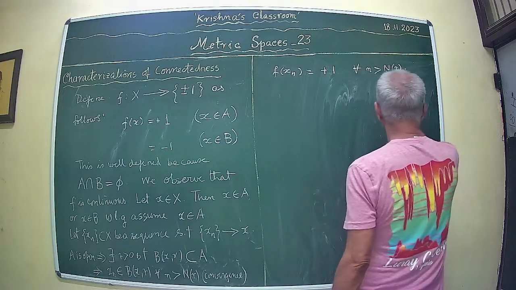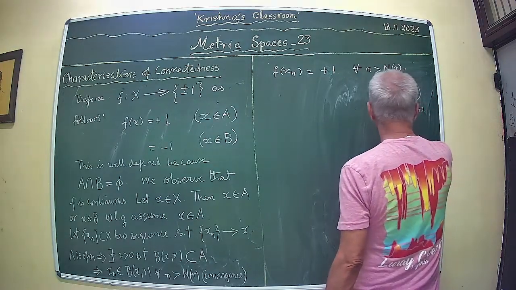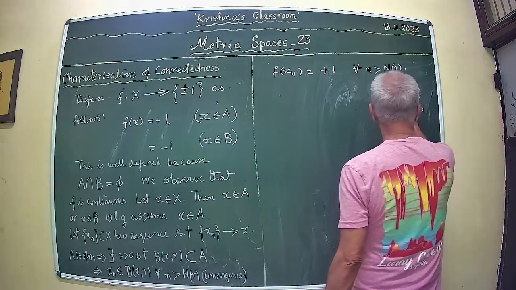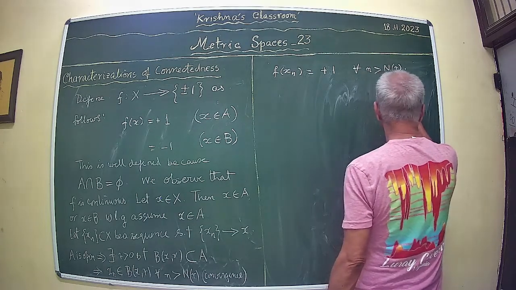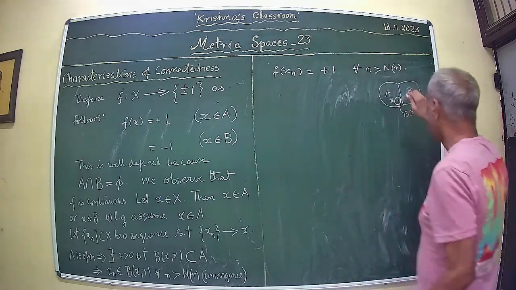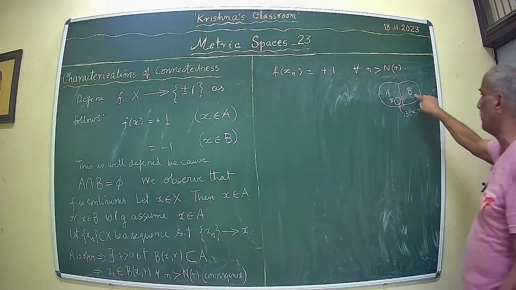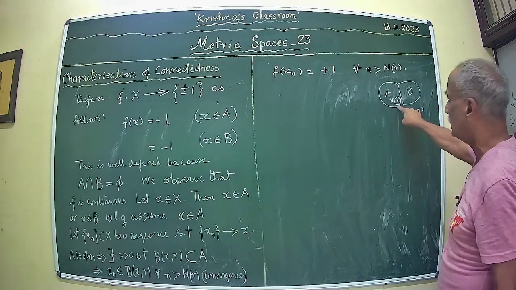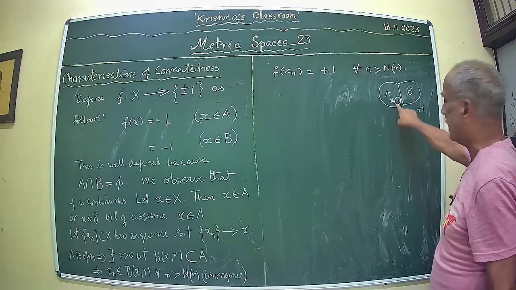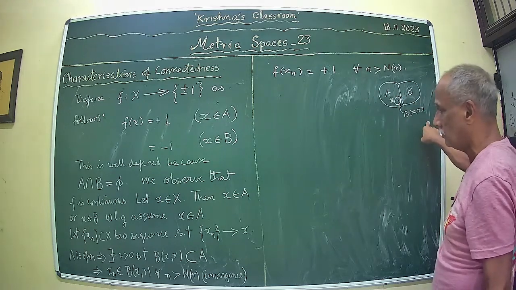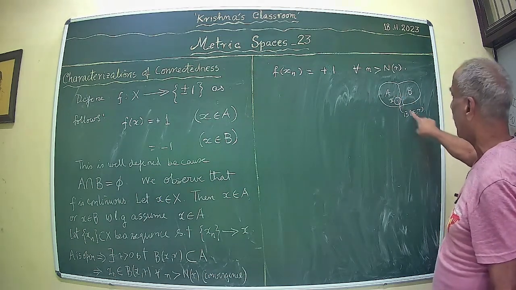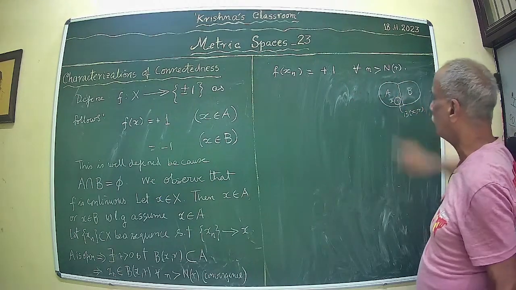If you have a sequence xn that converges to x, maybe the first few terms may be in B, but certainly at some stage onwards, xn enters the ball B(x, r). So consequently, f of xn is equal to plus 1.